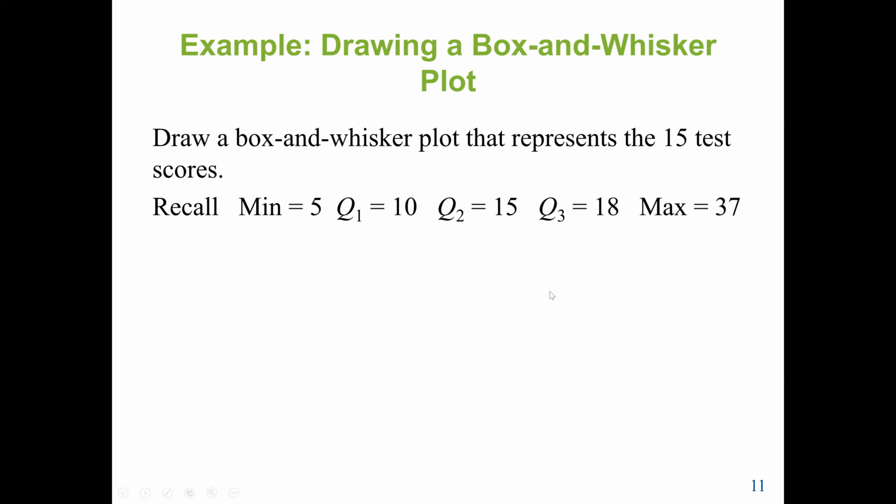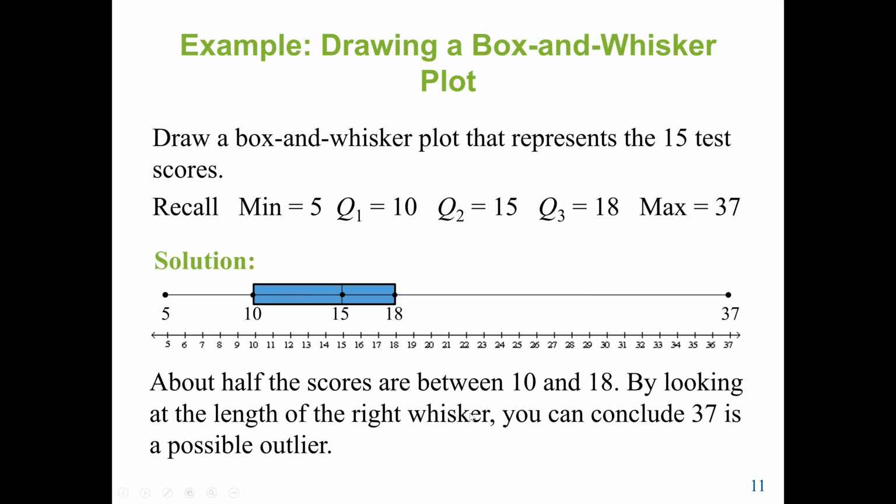So with these 5 numbers, we can come up with our plot. So we have our horizontal line, we have our 5, our 37, then Q1, Q2, and Q3. Now, any data that is greater than 37, we can say is an outlier, or any data entry that is less than 5, we can also say is an outlier.